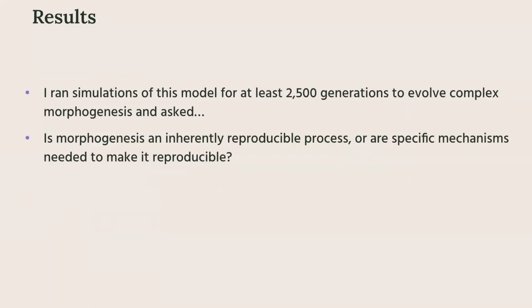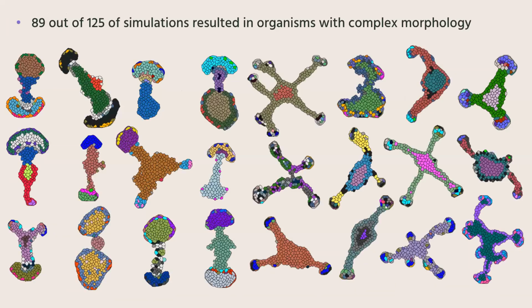So I ran simulations of this model for at least 2,500 generations, so lots of simulations, and evolved complex morphogenesis and asked whether that morphogenesis was inherently reproducible, so just automatically reproducible, or whether there are specific mechanisms needed to make it reproducible. So here are some example organisms that I evolved from my simulations. So 89 out of the 125 that I ran resulted in organisms with complex morphology.